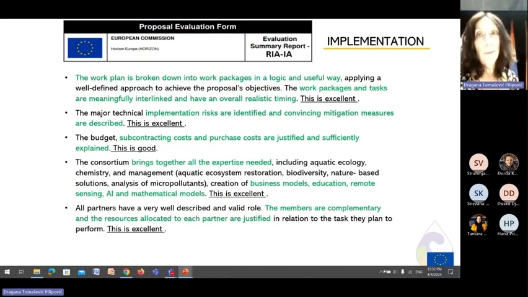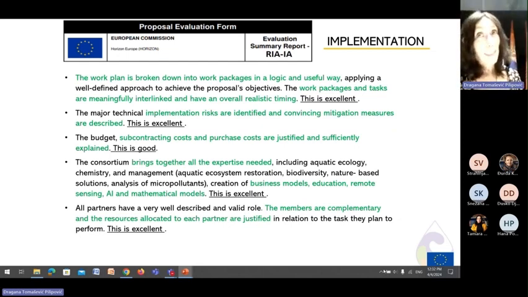And here we have the implementation. Implementation is all green. It's well described, realistic, convincing. Sometimes researchers think that the excellence and impact parts are the most important ones, so they start to write the excellence part, then the impact part. Implementation is like, okay, I'll just leave it for the last two days.